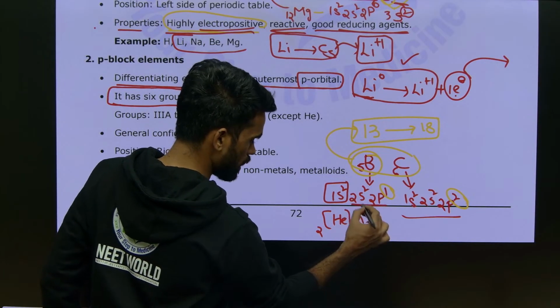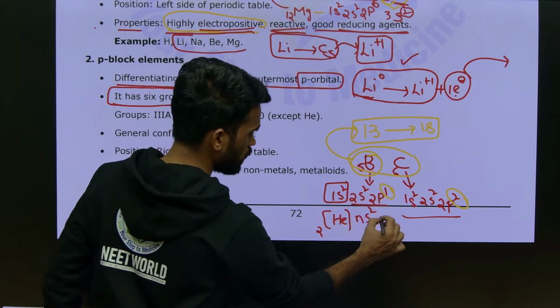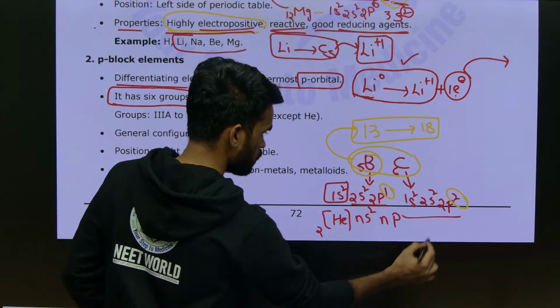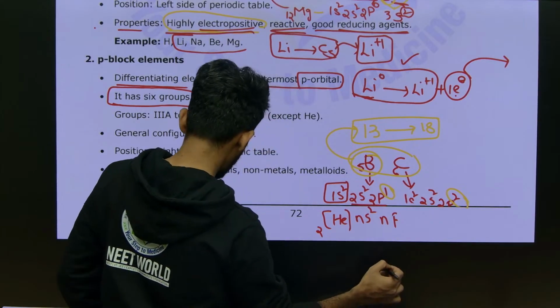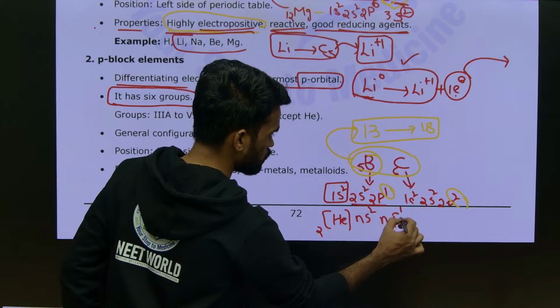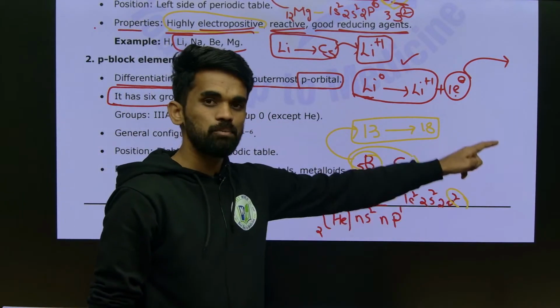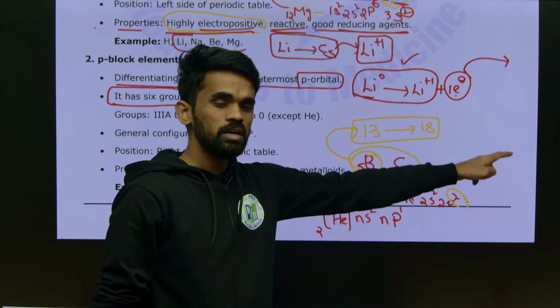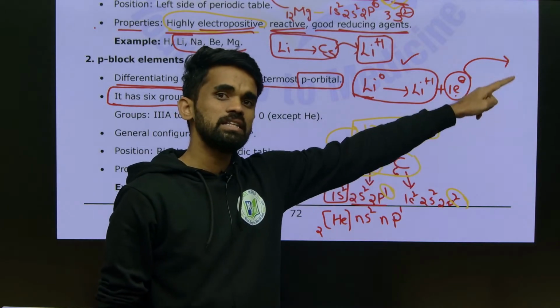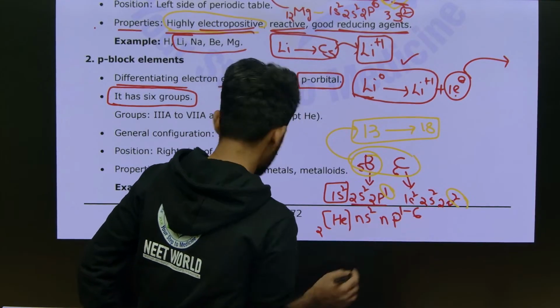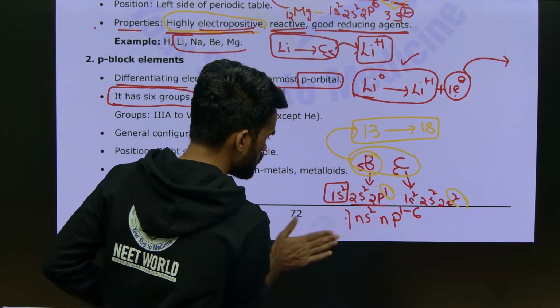So it will be ns2, and here np1. np1 for these 13th group elements. Okay, for 14th group elements it is np2, 15th np3, 16th np4, 17th np5, 18th np6. So it varies from 1 to 6. So what is the general electronic configuration?